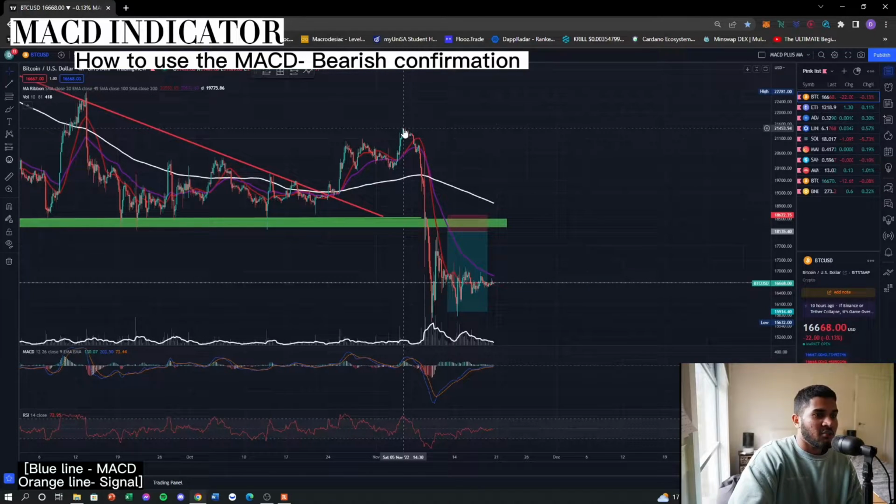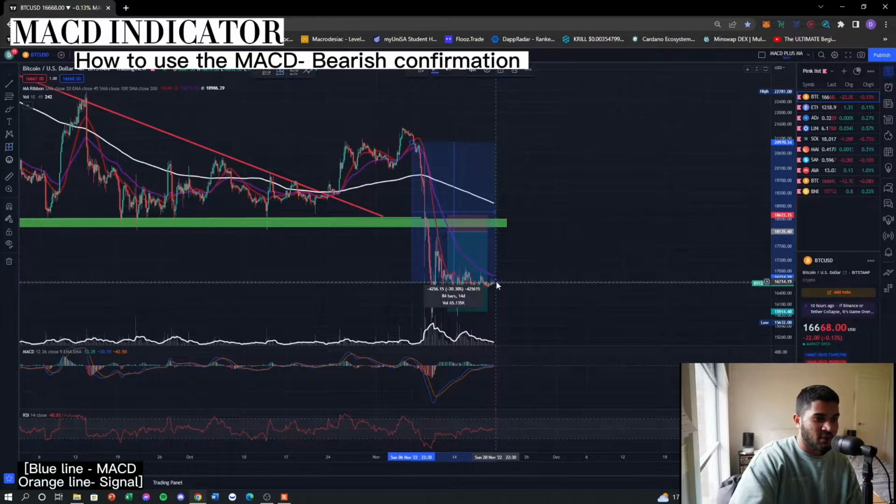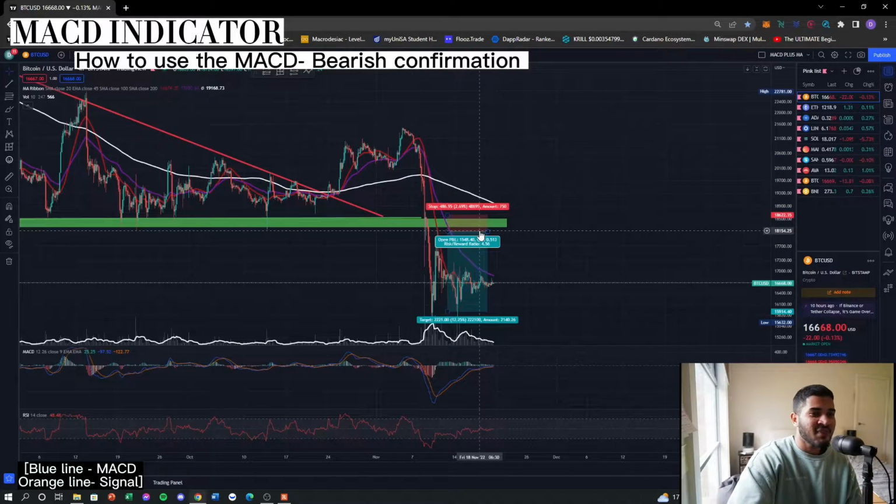And the MACD crossed below the signal line somewhere around here. So let's say you did manage to get in, you would have made a very decent amount of return. You would have basically made 20% in 2 weeks, which is actually amazing. So that's how you can use it.